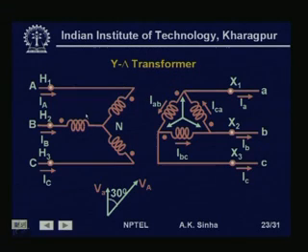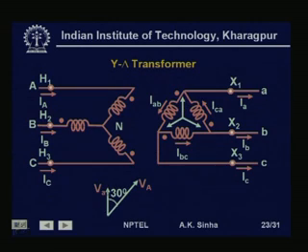Except for one difference that we find, and that difference is if we have a star delta transformer, then if you see the phase voltages of this transformer, the phase voltage a is in this direction, whereas the phase voltage A will be in this direction as indicated here.